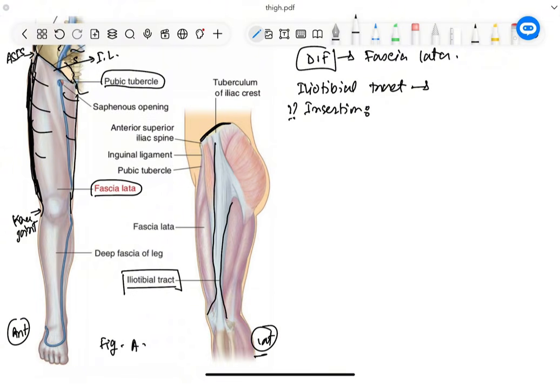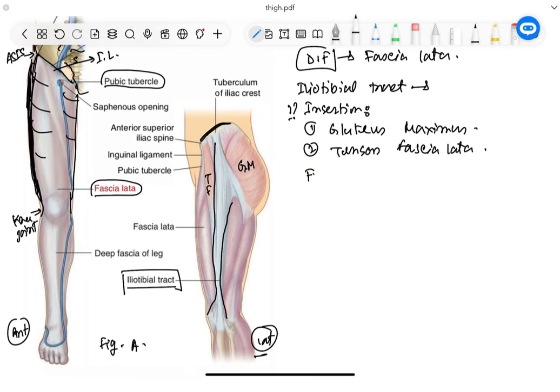You have to remember, number 1 gluteus maximus, number 2 tensor fascia lata. These are the two muscles inserted into this iliotibial tract.